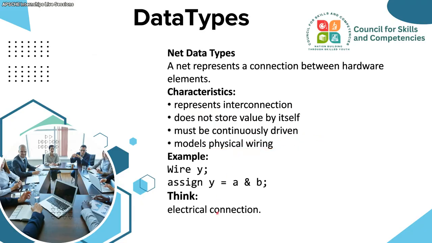You can think of an electrical connection. Okay, so that is what the net data types look like. So wire Y, and Y is A and B. This is the logic we are using, and the wire is one example.